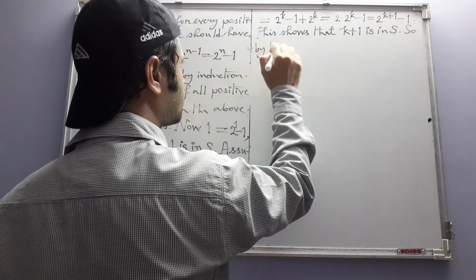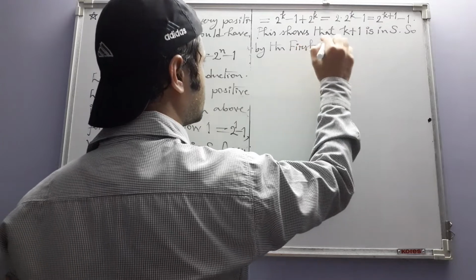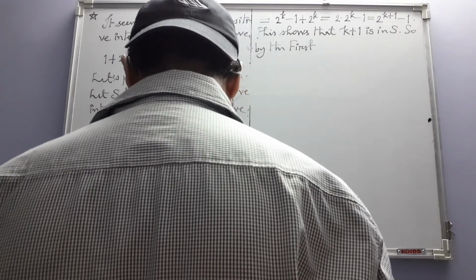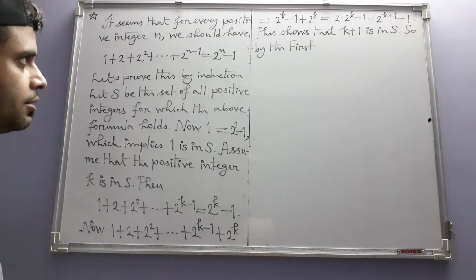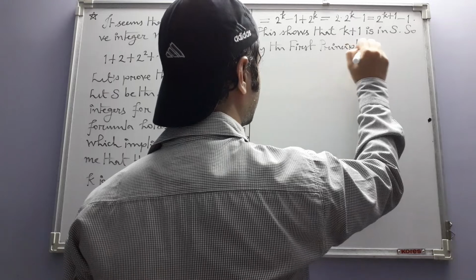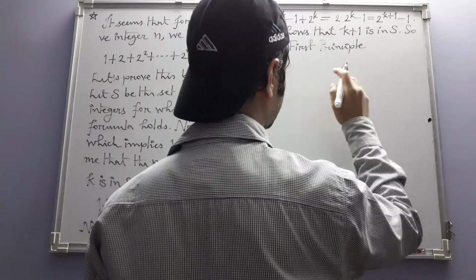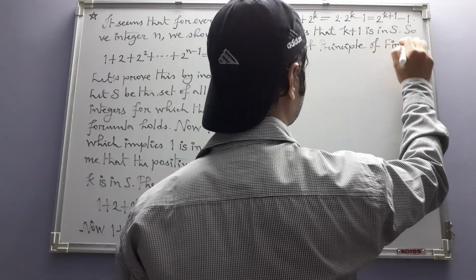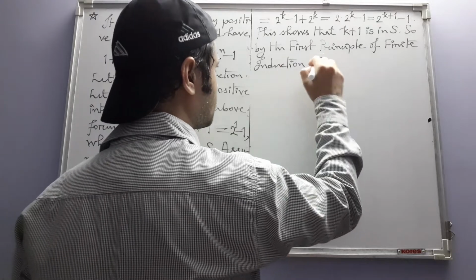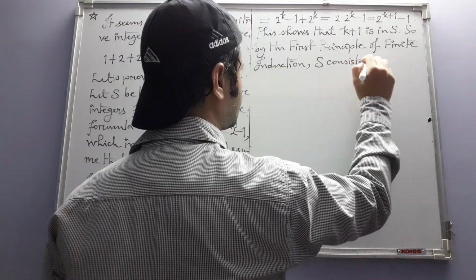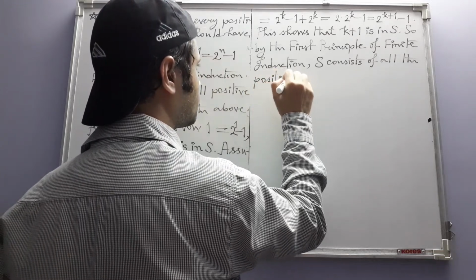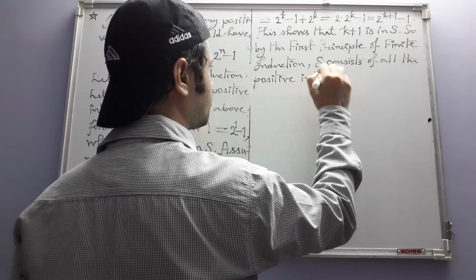So by the first principle of finite induction, or you can say theorem 1.2 in the context of this book, S contains all the positive integers.